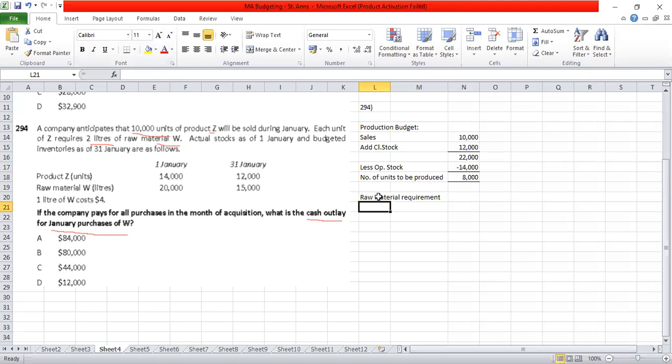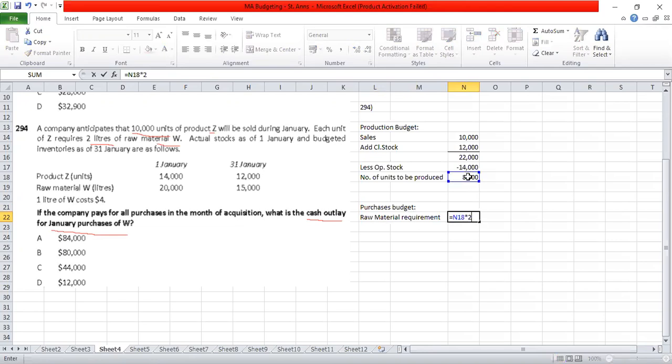So raw material requirement, here we are finding out what the purchases budget is. So the raw materials requirement is equal to 8,000 into 2. Fine. Add closing stock.